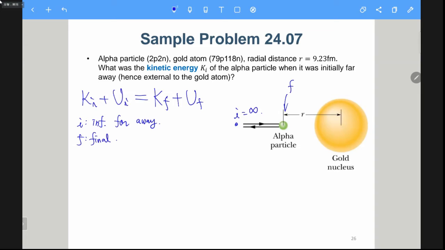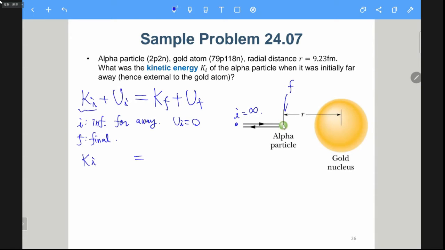Ki is what we want to find. So we just put Ki here, and if it is finally far away, the potential energy should be 0. So Ui should be 0 here.